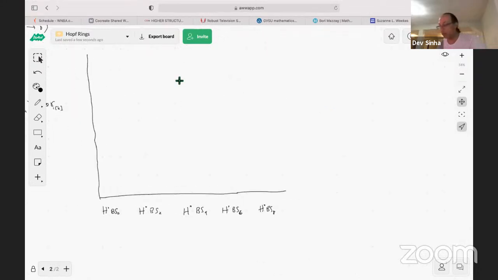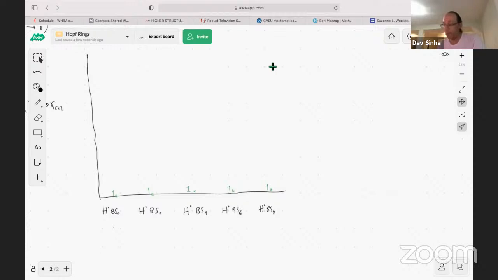Let me just color code and add some things here and there in order of sort of complexity and where they occur in the story. So our Hopf ring generators include things like the unit class. And then in the statement, the next thing will be these generators.